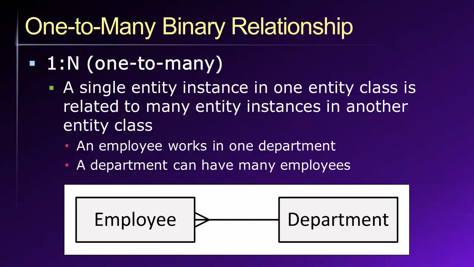A simple example of this type of relationship would be the one-to-many relationship which exists between a department and an employee entity. So an employee works in one department, but a department can have many employees. This is a one-to-many relationship between entities.